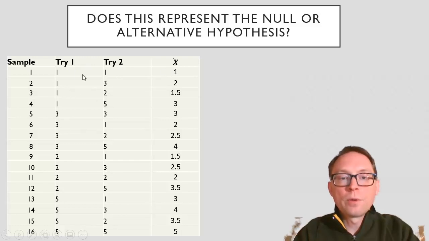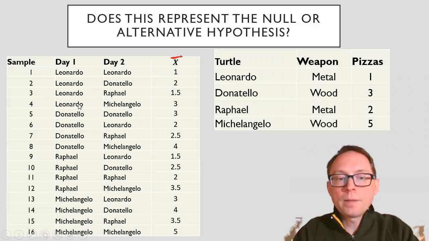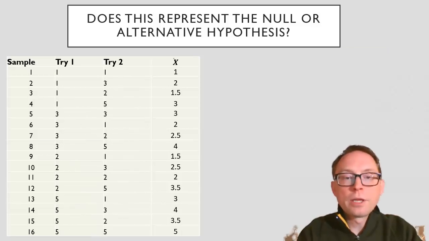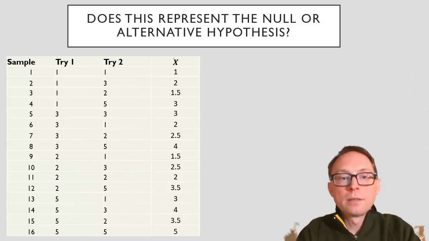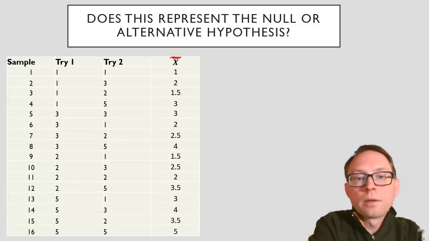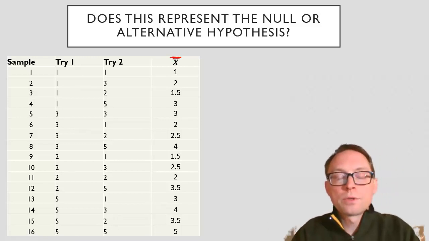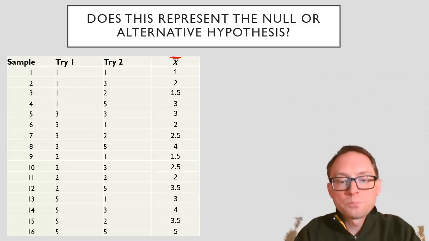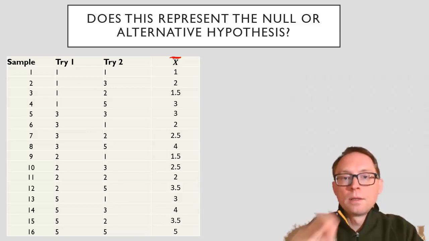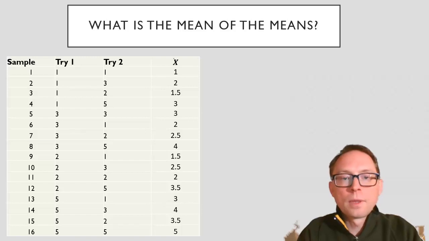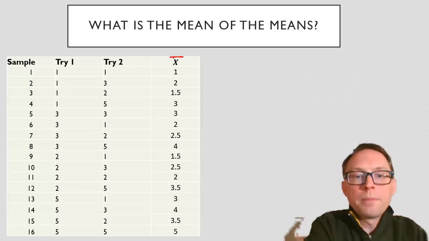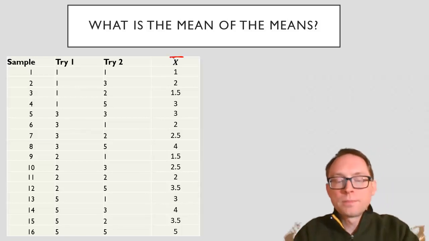So instead of looking at Leonardo, we're now looking at how many pizzas Leonardo ate versus how many Donatello ate, etc. So 1 plus 1 divided by 2 equals a mean of 1. The column of means is exactly the same. Now, what is the mean of means? What is the mean of all the means?